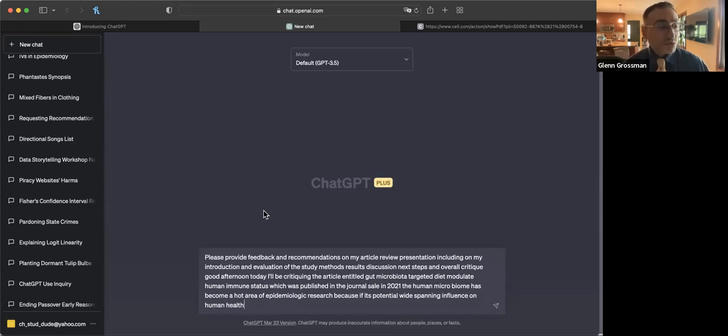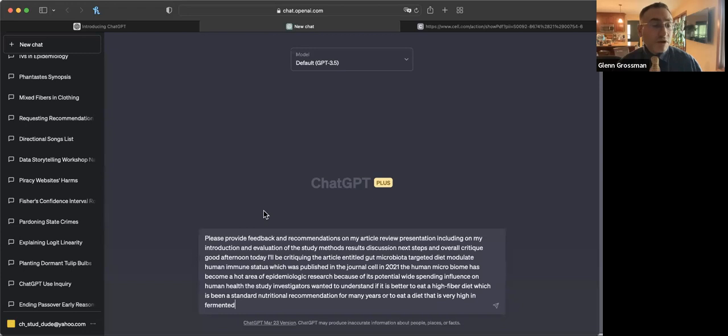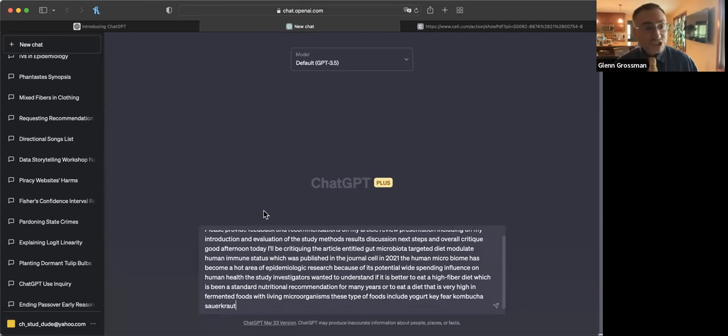These study investigators wanted to understand if it is better to eat a high-fiber diet, which has been a standard nutritional recommendation for many years, or to eat a diet that is very high in fermented foods with living microorganisms. These type of foods include yogurt, kefir, kombucha, sauerkraut, miso, kimchi, and other products.